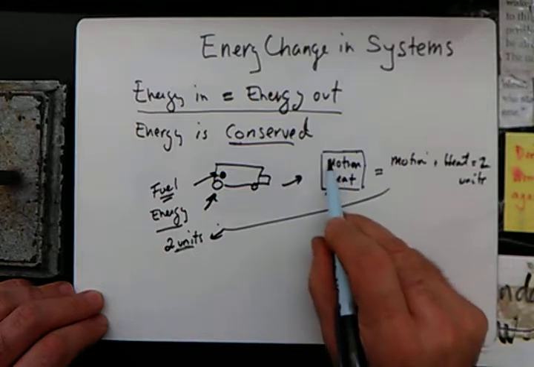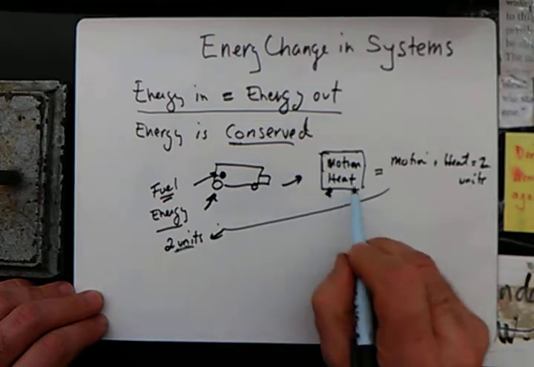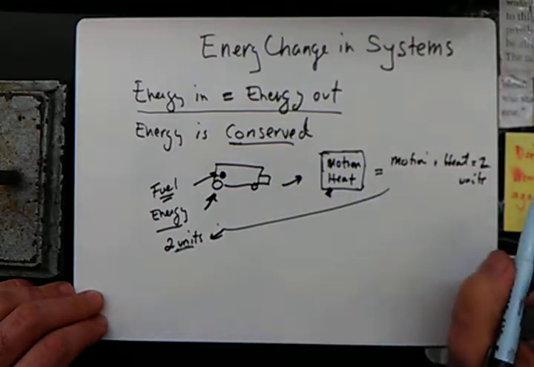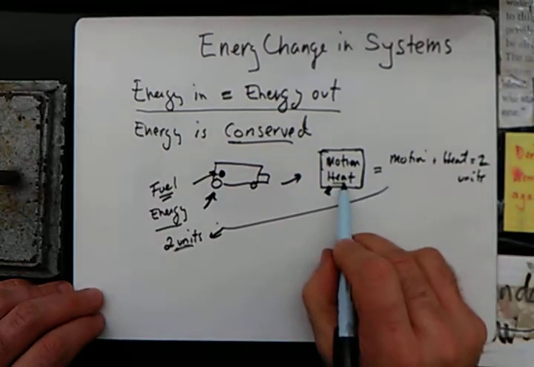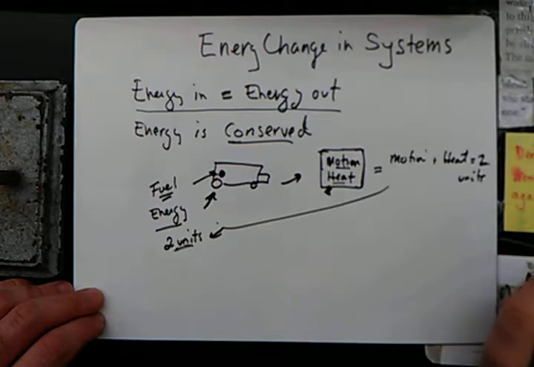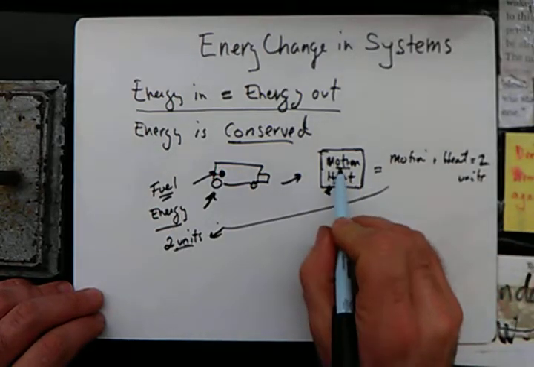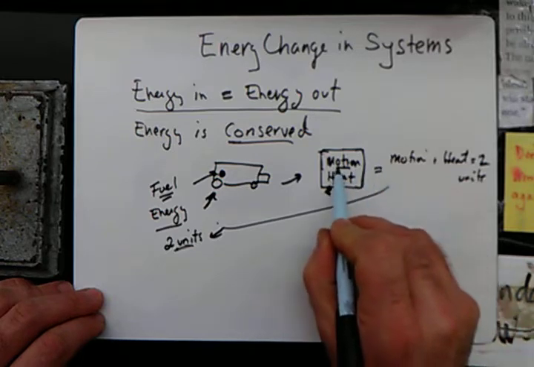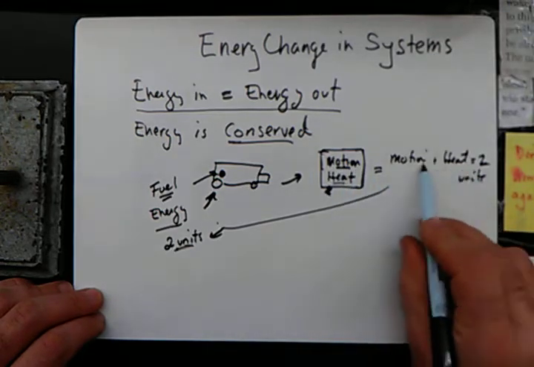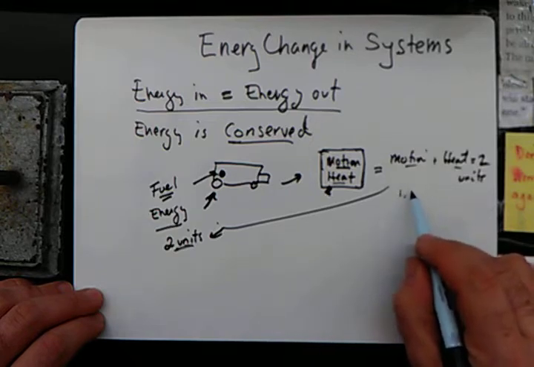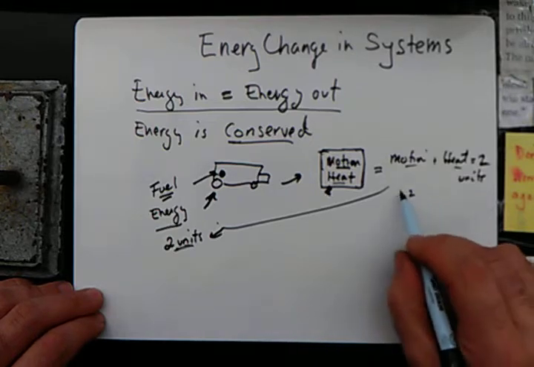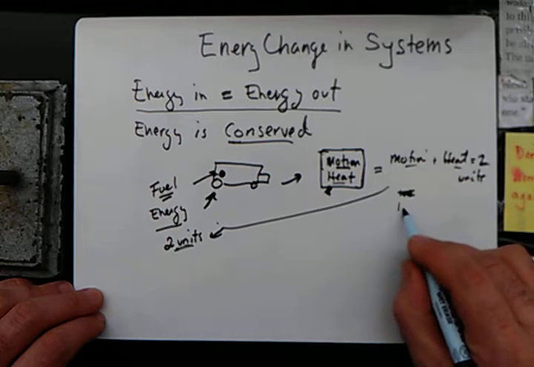Okay, now it just turns out that cars are actually better heaters than vehicles. So they produce more heat than they do motion. But we do get a result of what we want as far as the car moving. So we've got, let's say, motion plus heat is 2. Let's change it a little bit.